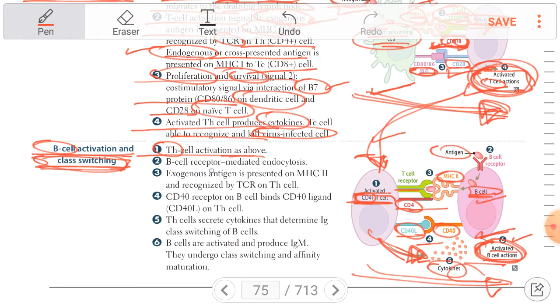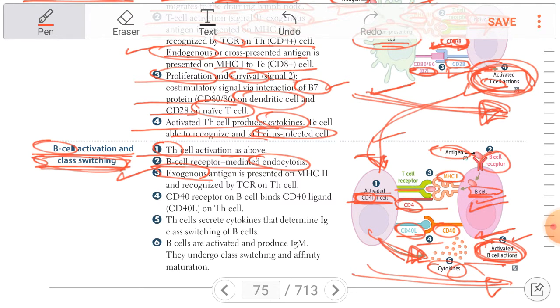Then there is what? B cell receptor mediated endocytosis. Here B cell, there is what? B cell receptor will mediate antigen endocytosis. So in this case it's exogenous. Why? CD4 T helper. So CD4 will bind to MHC2.